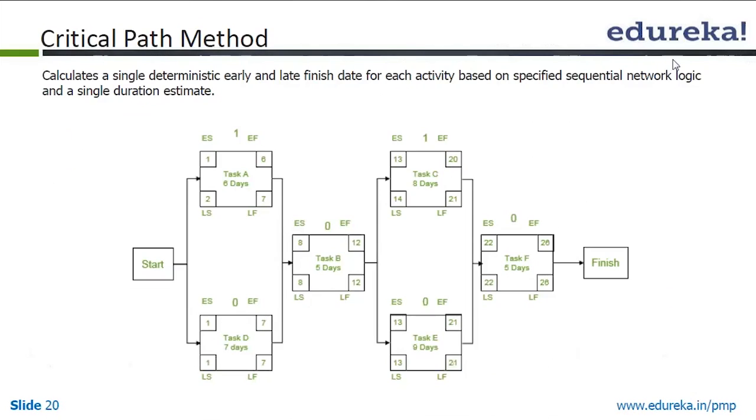Now we moved on to find out the critical path, and here what we said is that multiple questions will come for calculating various values.